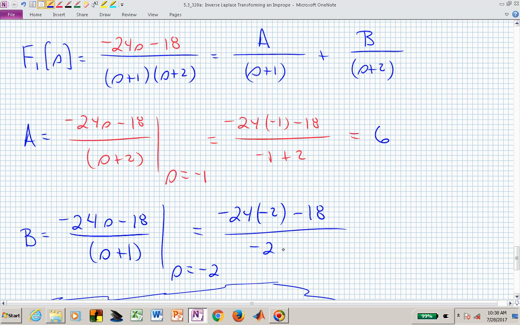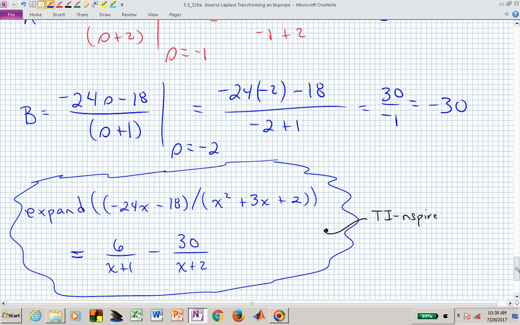We have minus 2 plus 1, or minus 1 downstairs. So we now have B equal to minus 30. Again, we could use the calculator to obtain the partial fraction expansion using the expand function on that strictly proper piece, not on the whole piece, just on the strictly proper piece.